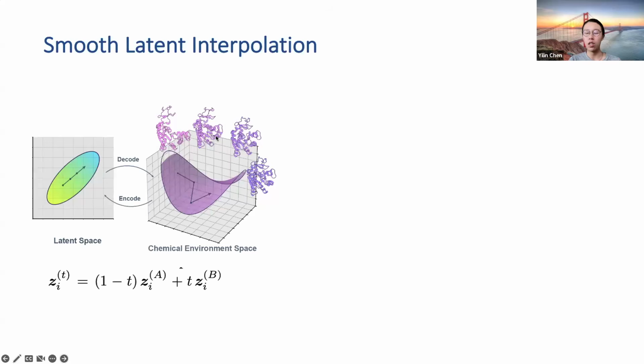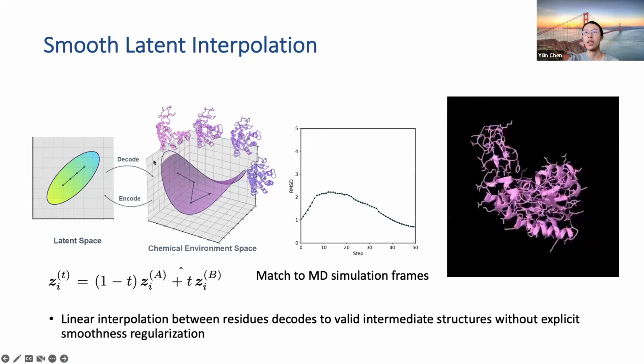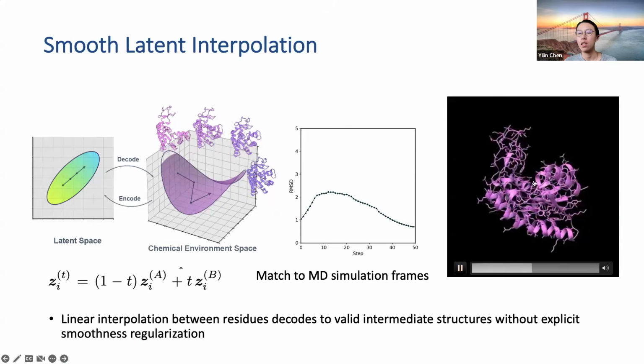I can start with two known conformations, state A and state B, and then interpolate linearly between their latents for each residue. So essentially, it's a linear interpolation for the two proteins on this latent. And we can match that to MD simulation frames pretty well. I'm showing this little video of the linear interpolation.